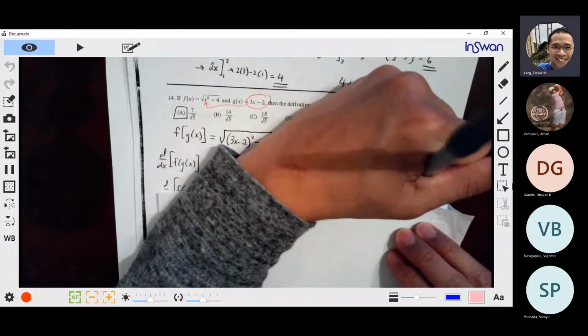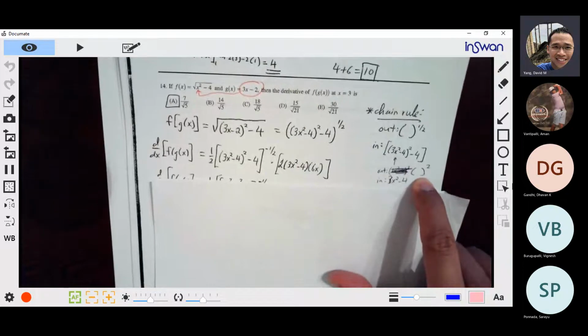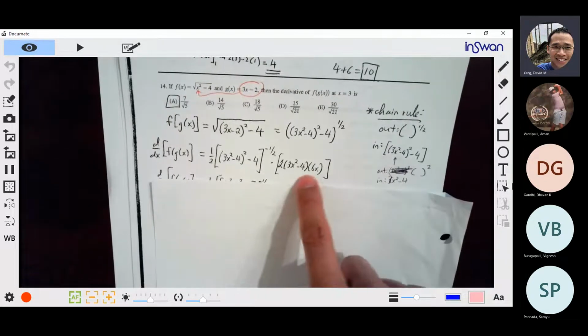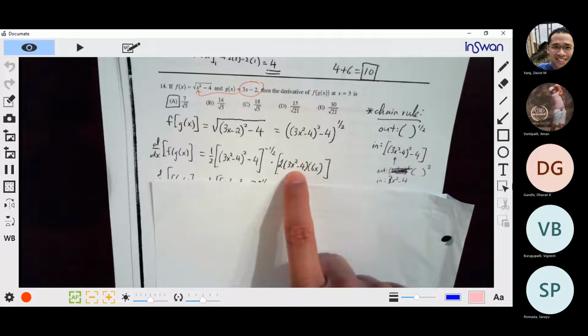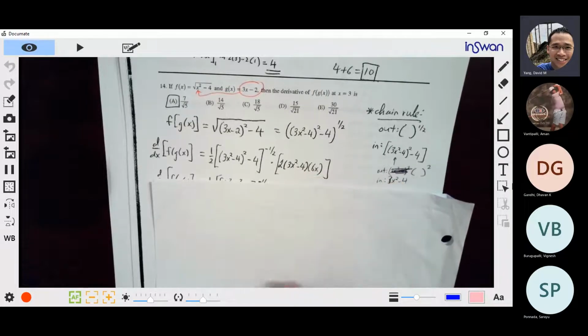Sorry, the outside is just the parentheses squared. So we go through a derivative here, 2 parentheses to the first power, which is the 3x squared minus 4, multiplied by the inside function derivative, which is 6x.